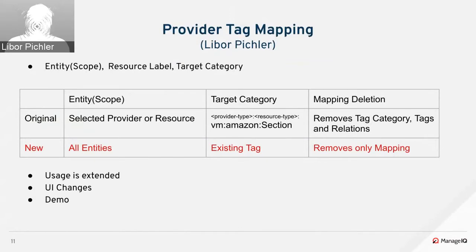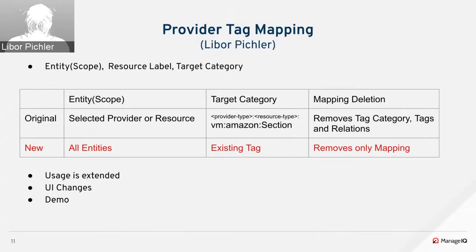Basically, all new enhancements here are related to all entities option. Change in a target category is that originally target category was created when mapping was created, but with all entities option, no category is created and existing category needs to be selected for the mapping.